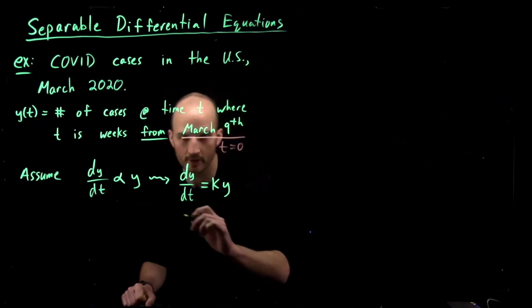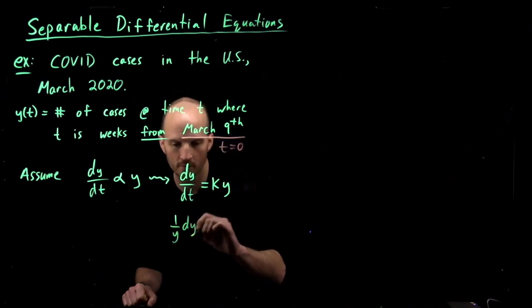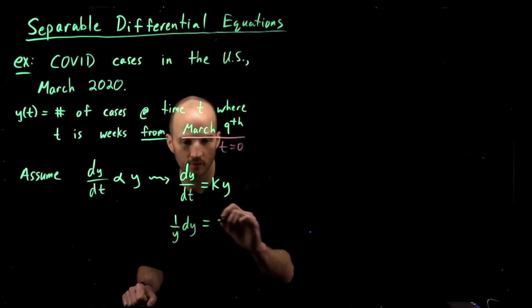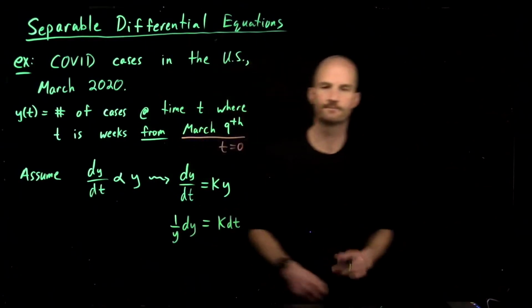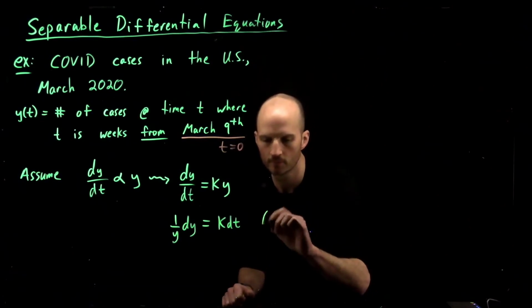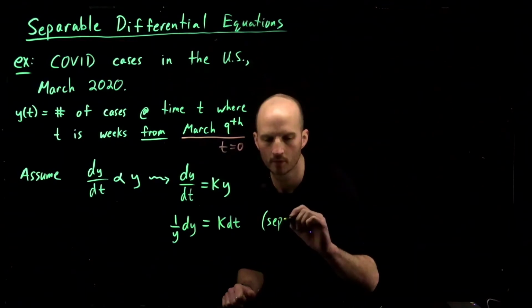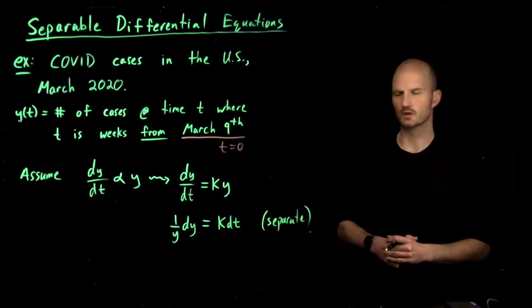So this is called the separation step. So we get 1 over y dy is equal to k dt.